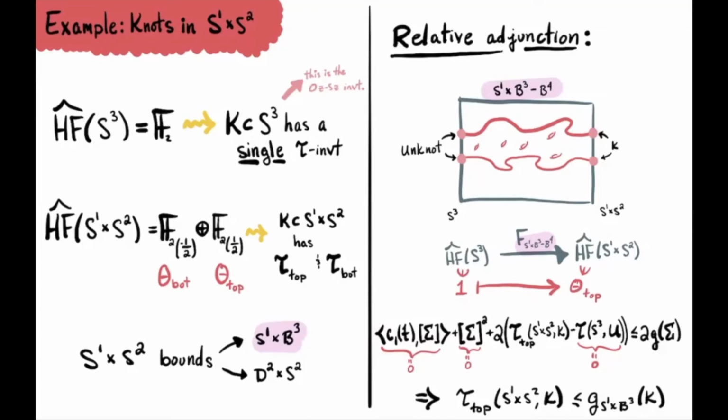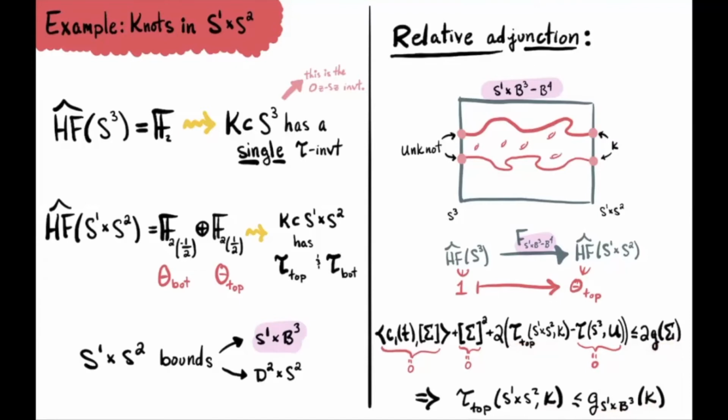It turns out that these are both going to be 0, as is the tau invariant of the unknot in S3. And so we reduce to just having that tau top is a lower bound for the genus of sigma. And so I'll write that as tau top of this knot in S1 cross S2 is a lower bound for the S1 cross B3 genus of K.